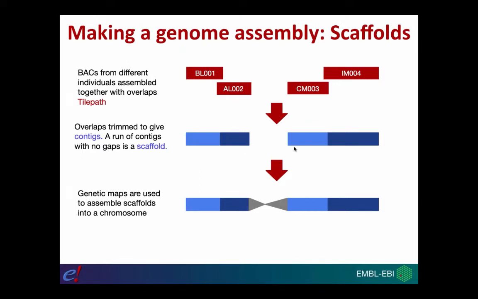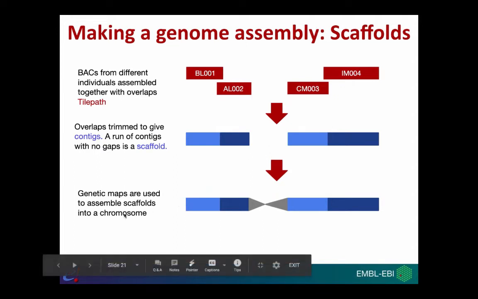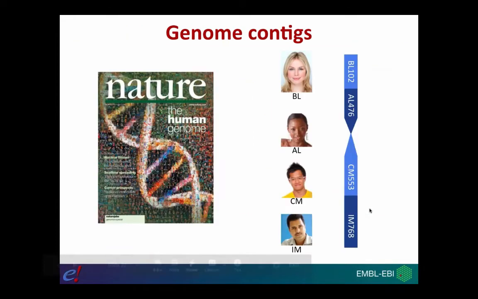So this is a scaffold here, and this is another scaffold here. And then finally, we use genetic maps, things like FISH data as well, to assemble the scaffolds onto the chromosome. So this is the final step of assembling a genome, which is where we have all of these scaffolds placed on the chromosome in the correct orientation relative to one another.